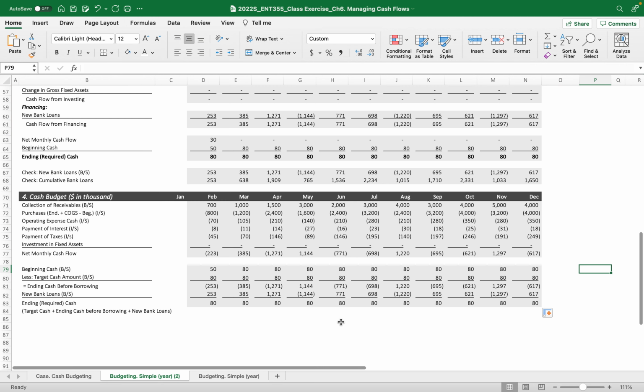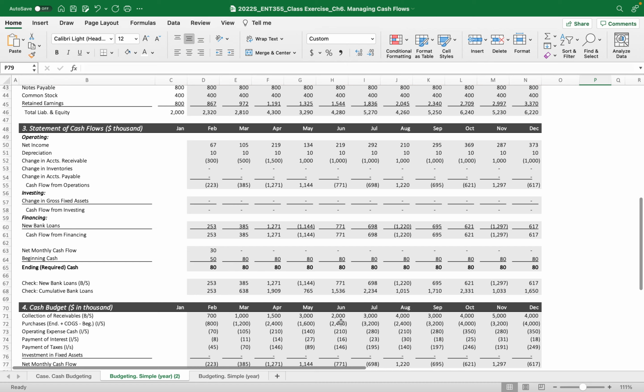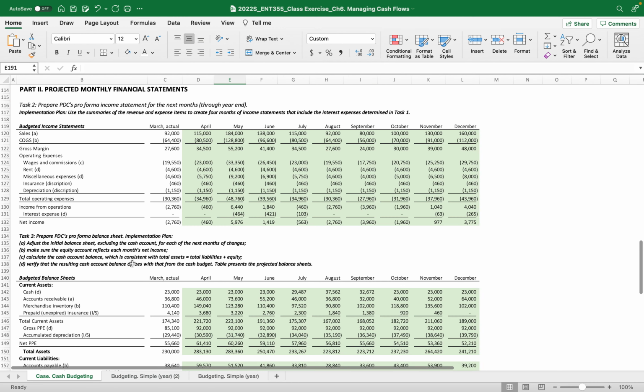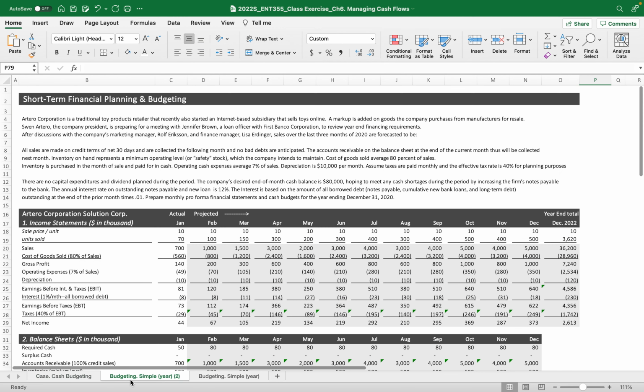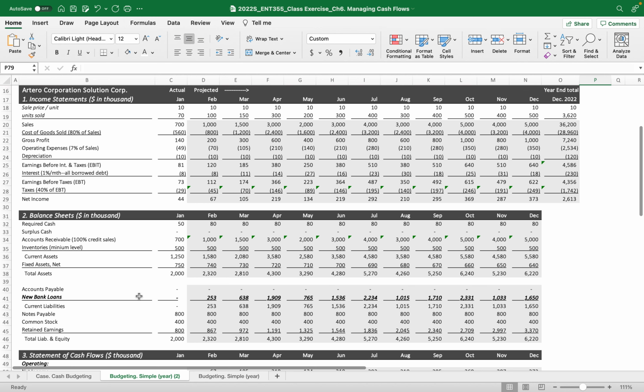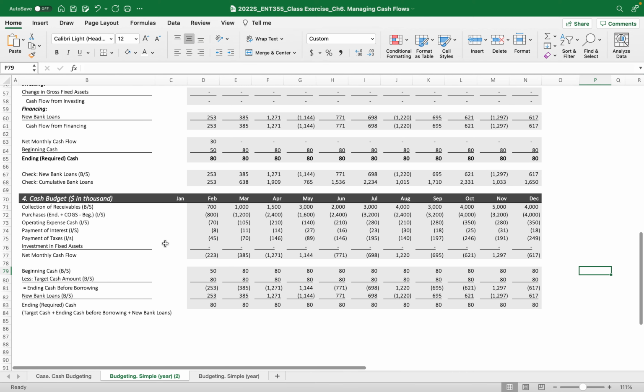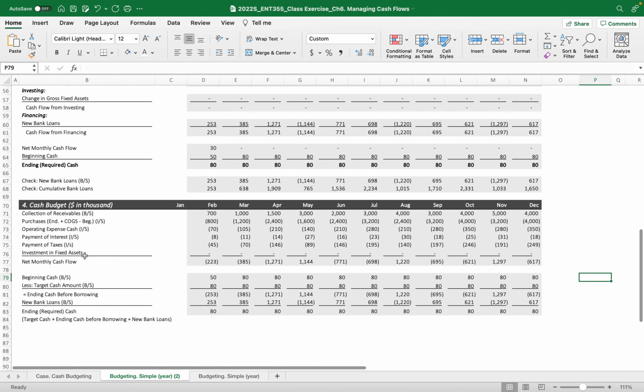Again, this case is short-term planning for a venture, a relatively new company that doesn't need to have those schedules, because the cash transactions are almost the same as their business activities. In that case, in order to get the new bank loans, we need to start from just the budgeted financial statements, and then we go to the cash budget backward.